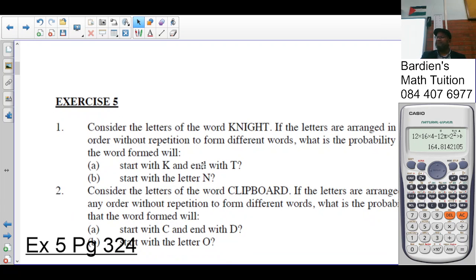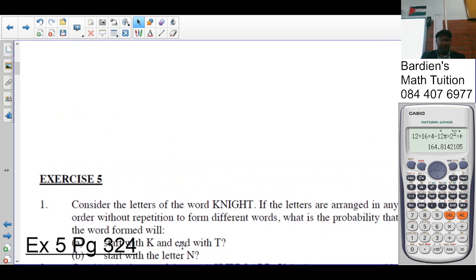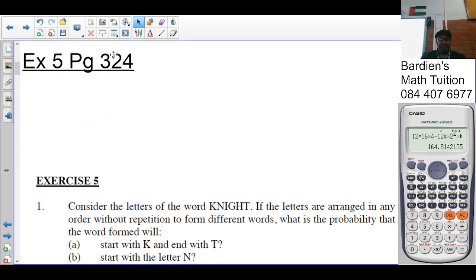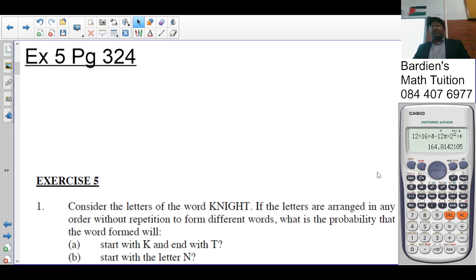No. Exercise 5 on page 324. So we are told, consider the letters of the word NIGHT. If the letters are arranged in any order without repetition, the letters may not be repeated, to form different words. What's the probability that the word formed will?